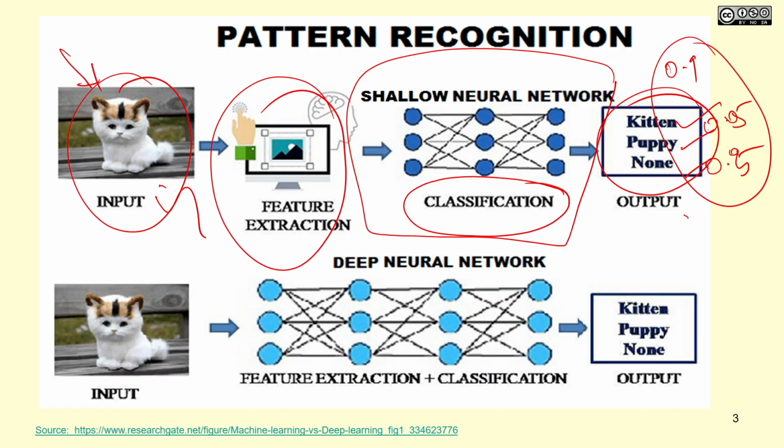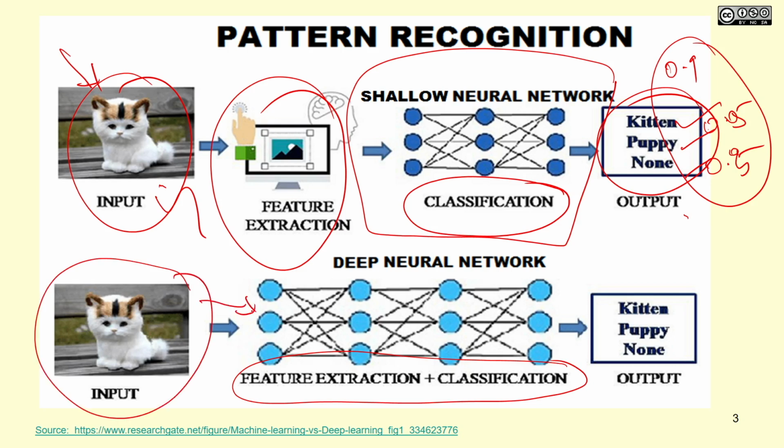So, this is what the shallow neural network task is all about, but when you come to a deep neural network, it has both functionalities built in, feature extraction along with classification. So, it is a 2-in-1 model, whereas your shallow neural network is doing only the task of classification. A deep neural network accepts any unstructured data, image, video, speech, signal, waveform, text, and does the task of feature extraction followed by classification.